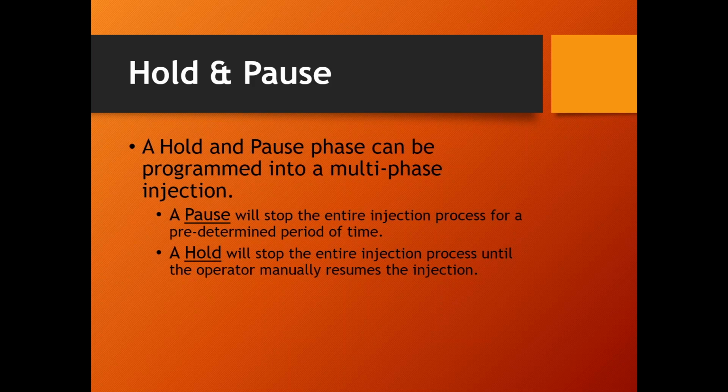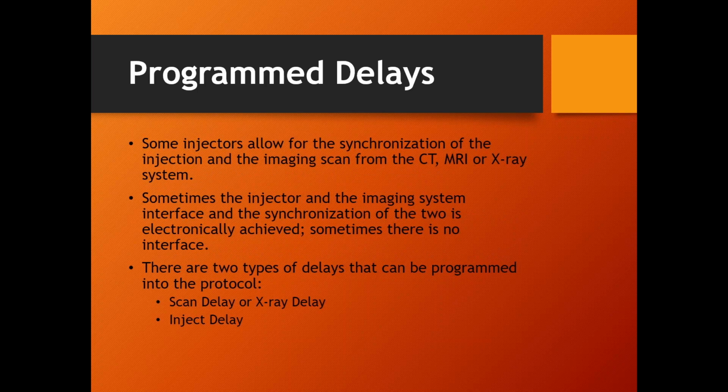All right, about done. Program delays, there's 2 kinds of delays. They go by 3 different names. Now remember, this is working in conjunction with the imaging system. So you have your imaging system and your contrast injector. An inject delay means that I'm gonna start both the imaging system and the injector together, but there'll be like a 2-second delay after me hitting the switch before it actually starts injecting.